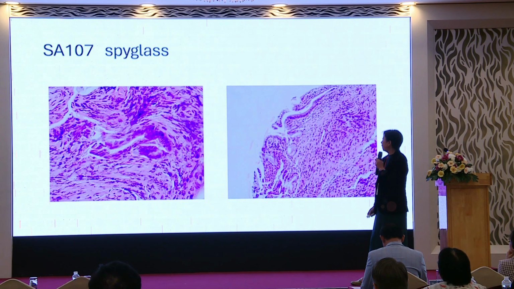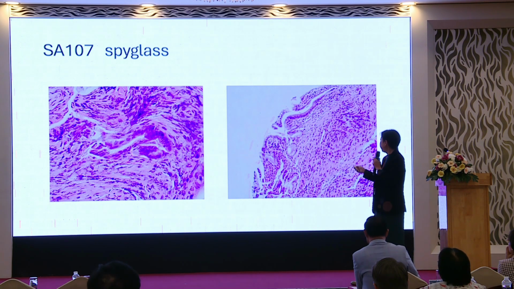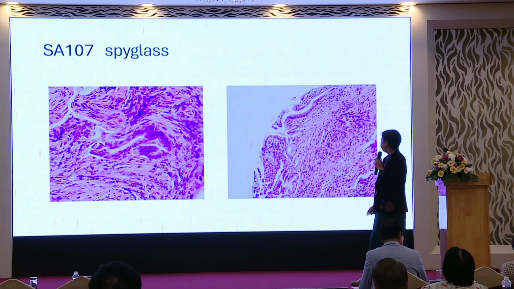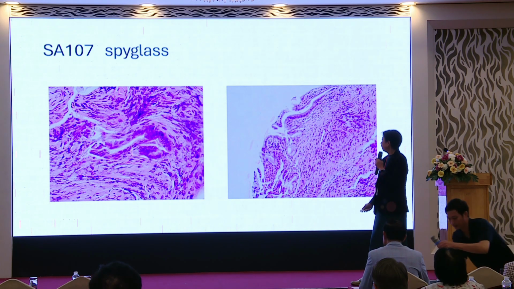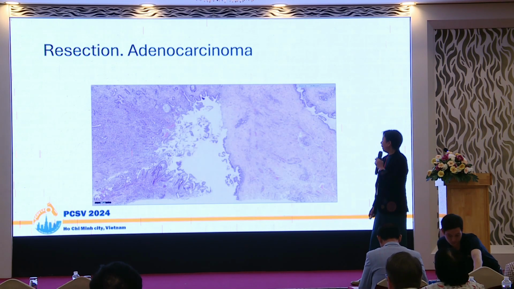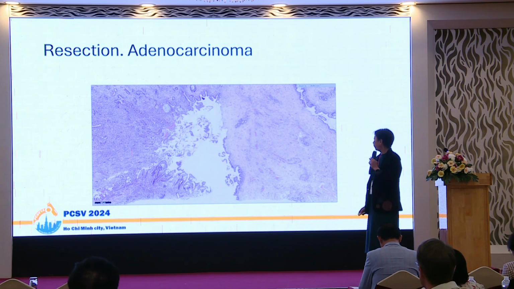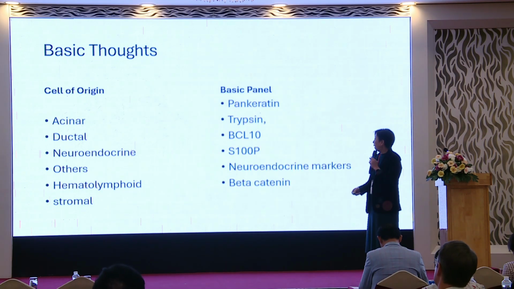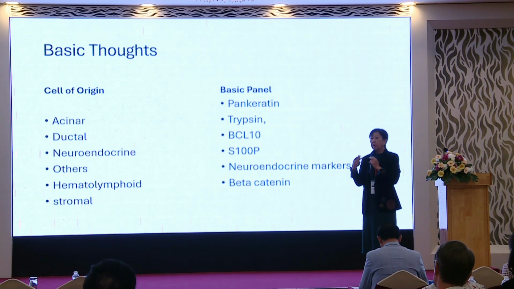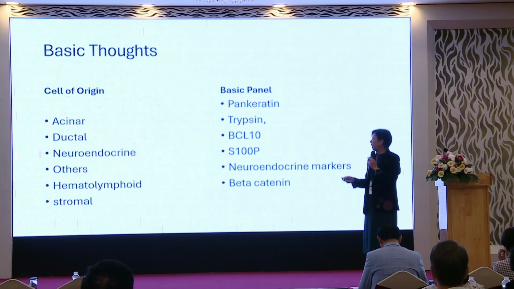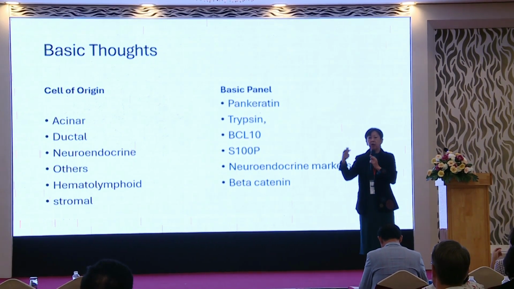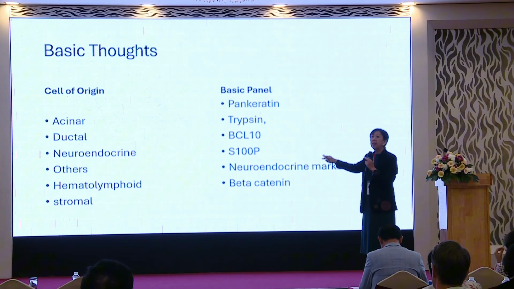Again, the Spyglass showed an adenocarcinoma, and at the resection, thank goodness, it was an adenocarcinoma. My basic thought is, if we did not have that Spyglass, perhaps we could have done a panel, at least if you are thinking of a tumor of that histogenesis, this would help you.